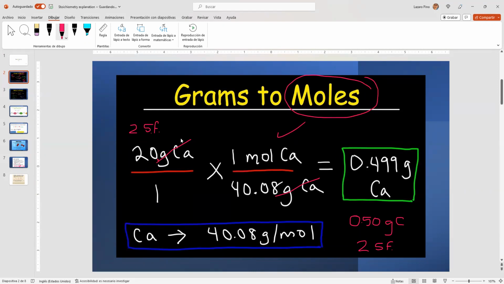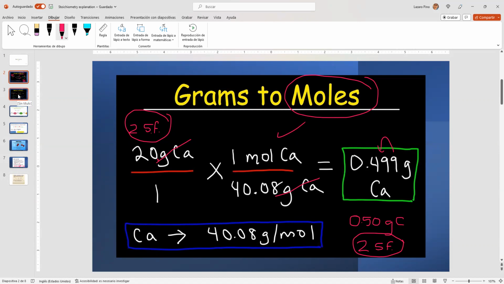Well, you multiply 20 by 1 and divide by 40.08, and the answer is this number. But as you begin from two significant figures, you have to report two significant figures. So you round up this number, and the final result is 0.50 grams of calcium.